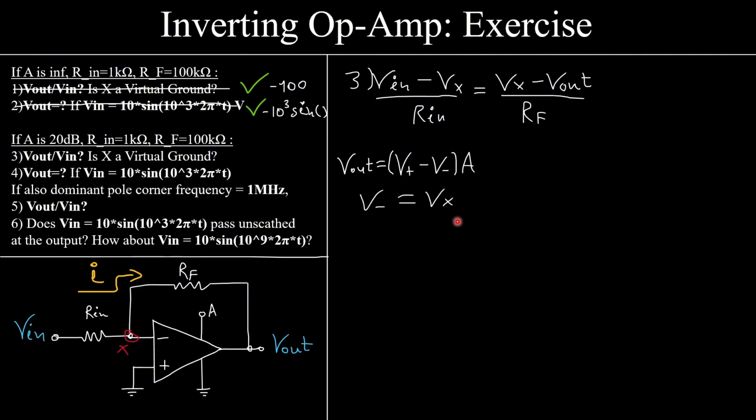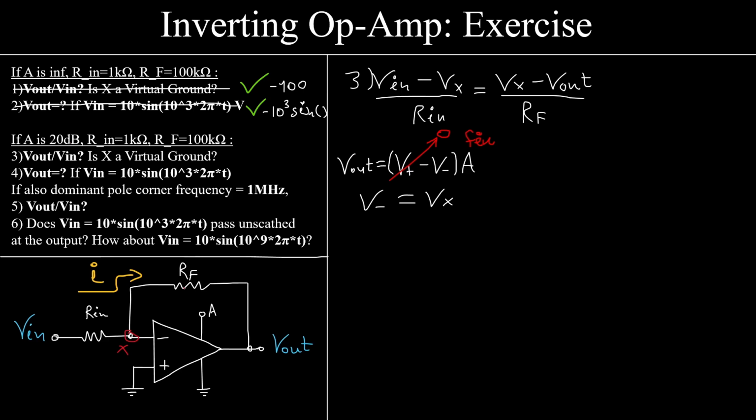Now, V minus is equal to Vx, alright? But we must pay close attention over here. This V plus is 0. This A is finite. The gain is something, it has a value.